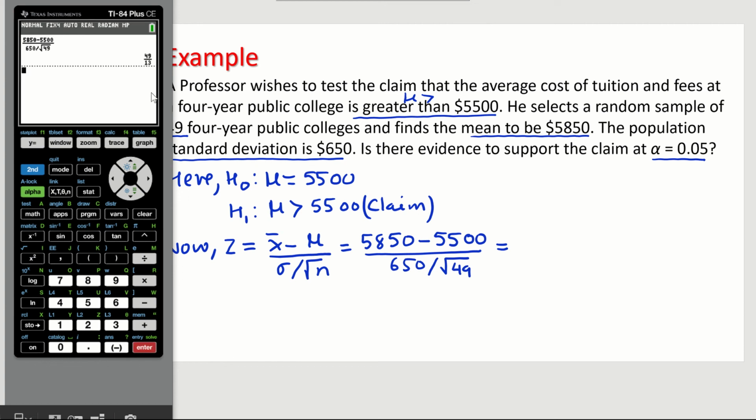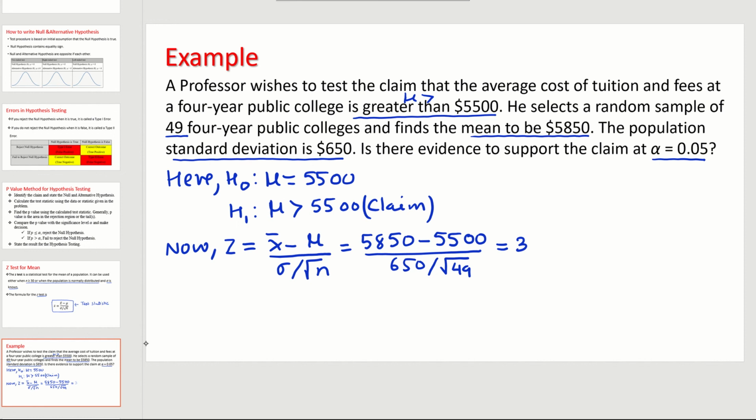That is equal to 49 over 13. Let me change that to decimal. So it will be 3.7692. Now, that is our second step. We get the test value.